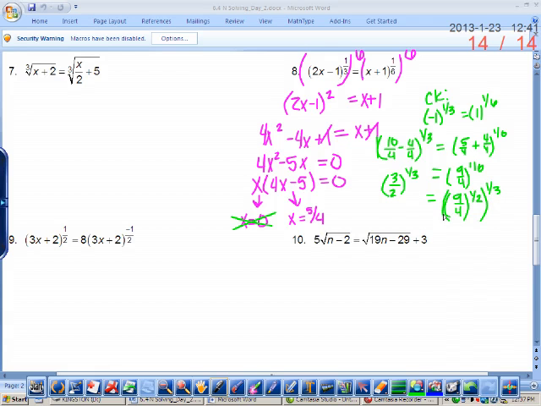And what's 9/4 to the 1/2 power? Yeah, that's the square root. So it's 3/2 to the 1/3 power. Do those match? Yep. 5/4 is your answer. Questions on that one?